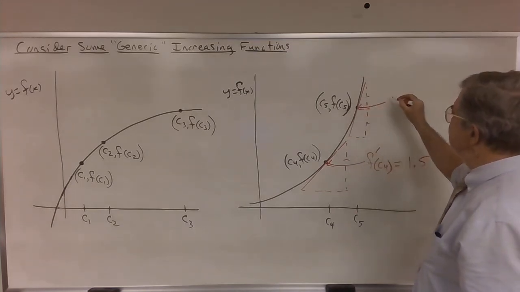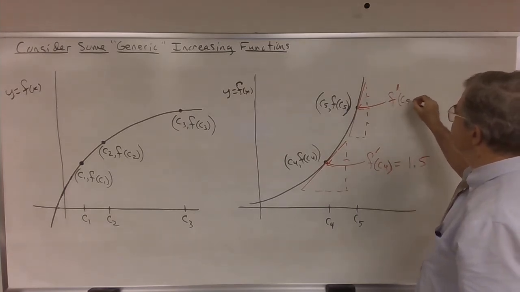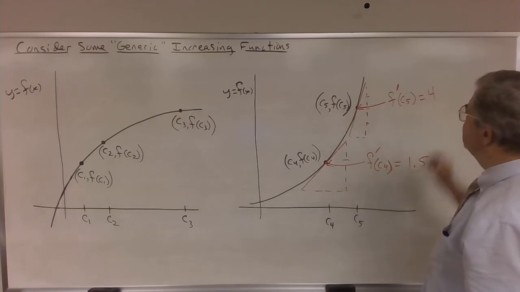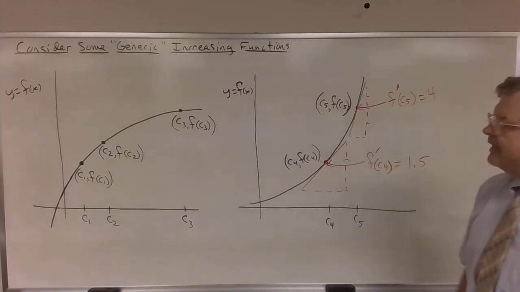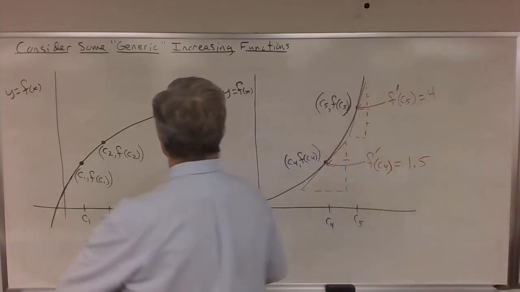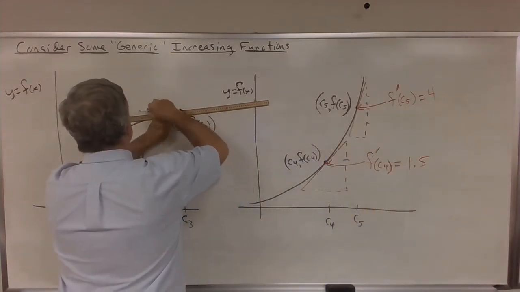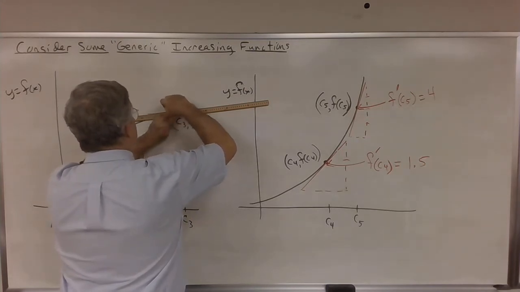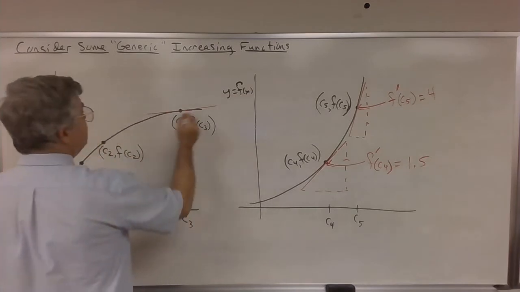So the slope is 4. F prime of 5 is approximately 4. Now I'm going to do the same thing over here. I've drawn the tangent here.